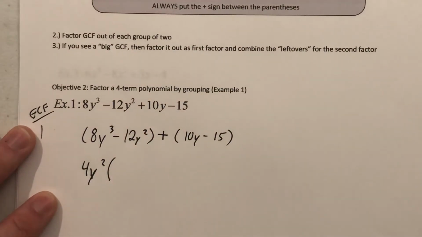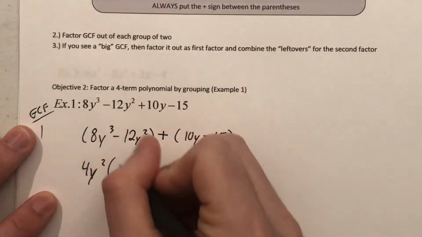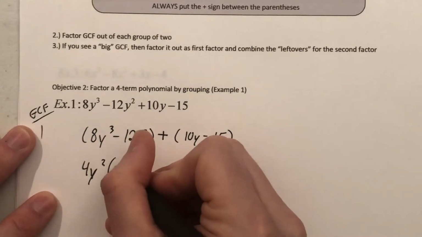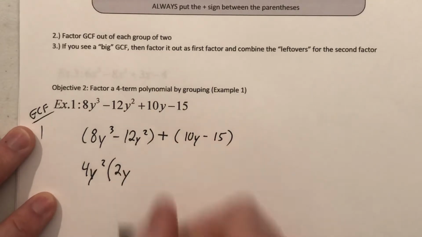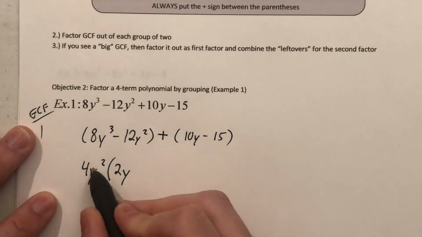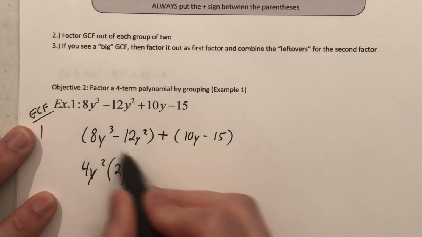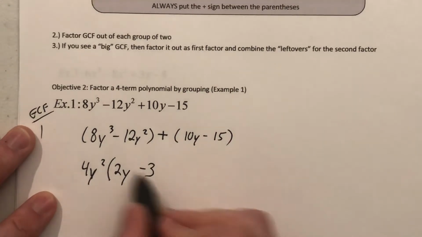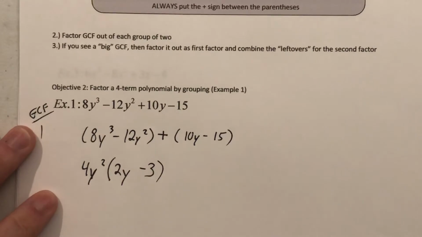So just those first 2 have a GCF of 4y squared. Then think about what's left over. 4y squared times what is 8y cubed? Well, it'd be a 2 and that third y. 4y squared times what is negative 12y? Well, 4 times a negative 3, and we already have the y squared there. So that is what it looks like when factoring out the GCF of those first 2 terms.